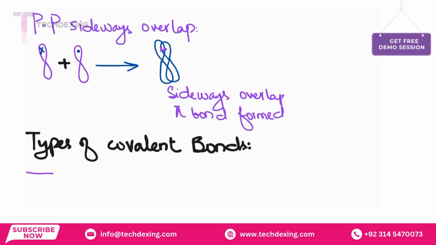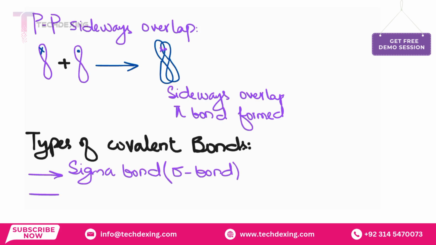The first one is called the sigma bond, that is represented by this one symbol, and the other one is the pi bond, that is represented by this symbol.